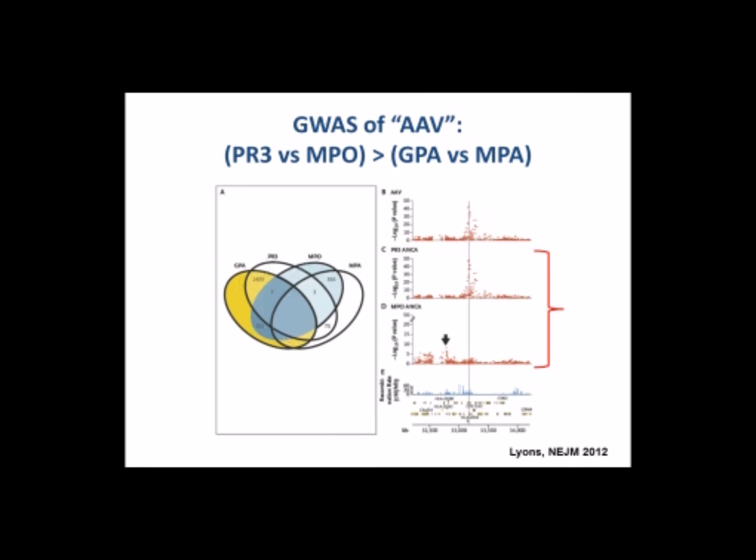What happened in this study was very interesting: they found that if they split the two diseases, either GPA versus MPA or PR3 versus MPO, there was really no such thing genetically as ANCA-associated vasculitis. What it really meant was, do you make antibodies to PR3 or do you make antibodies to MPO? And those had different genetic associations. So forget about that minus log 10 p-value.